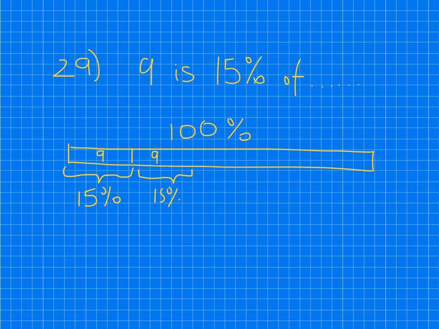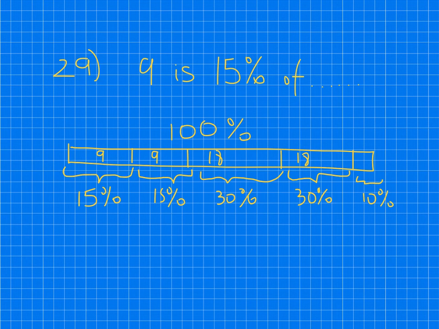I've got 30% so far. Okay, let's do another 30%, which will be worth 18. That's 60% altogether. Let's do another 30%, which will be worth another 18. We're now at 90% altogether. We've got another 10% to go.